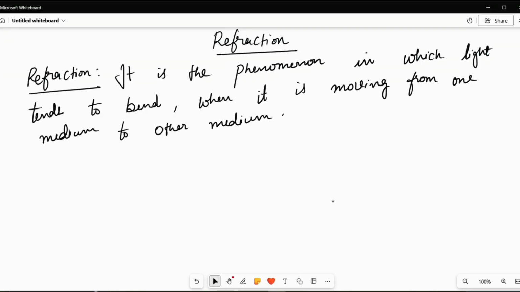In any other medium it will be different. So maximum speed will be in the air or the vacuum. Whenever light travels from one medium to the other medium, its velocity will change. When the velocity changes, it tends to bend. That phenomenon we call refraction.